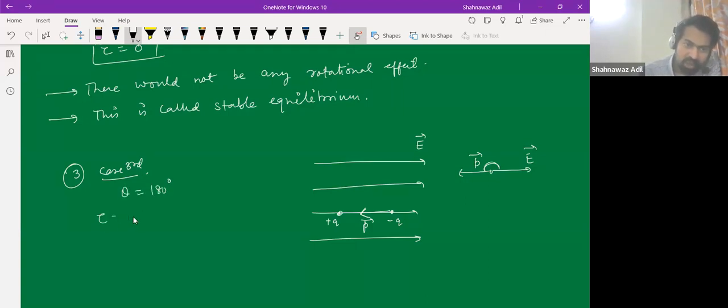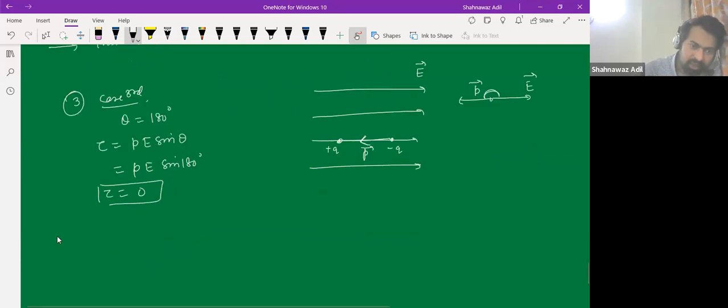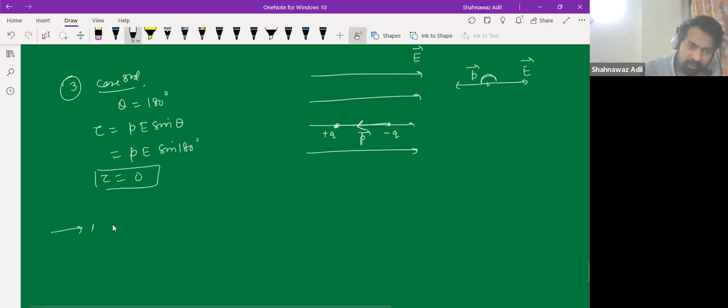So torque would be how much? Torque would be PE sine theta. And we know that this is sine 180. So again, sine 180 is 0. So this would be 0. So again, there would not be any rotational effect.